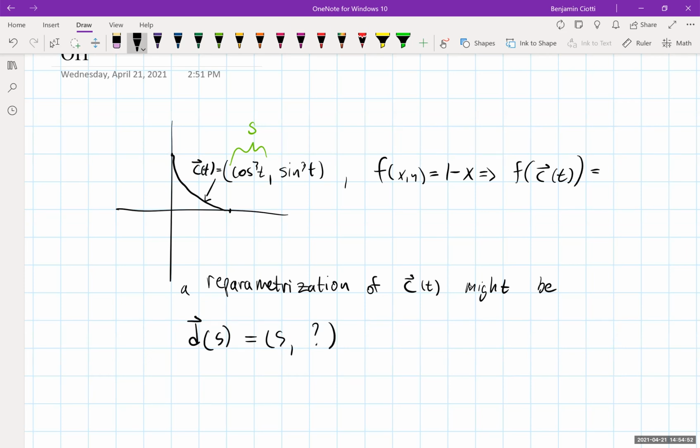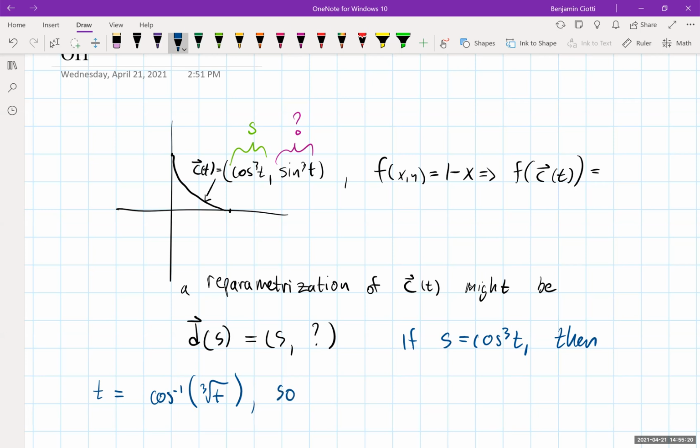So if I set cos cubed equal to s, then what is sine cubed in terms of s? If s is cos cubed t, then that would be just 1 minus the s to the 2/3, and the whole thing in parentheses to the cube.